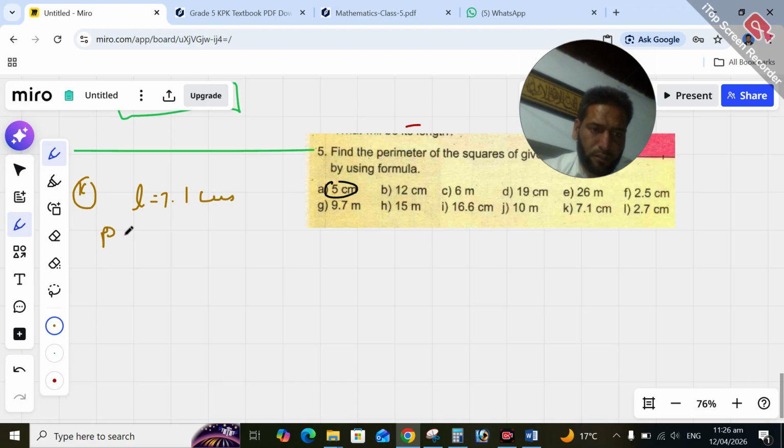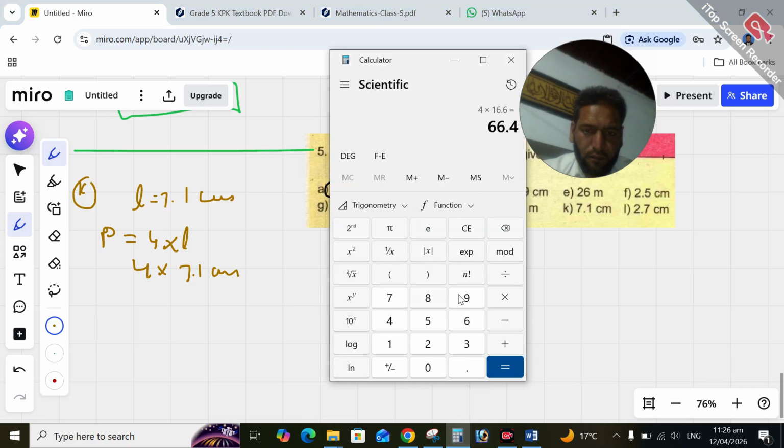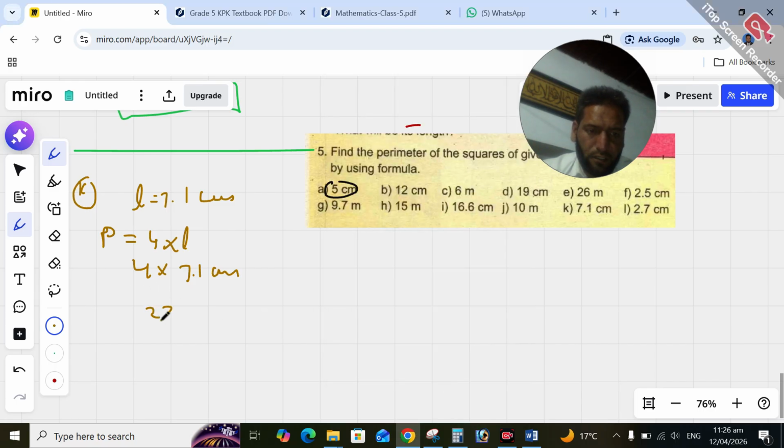Perimeter of the square is equal to 4 times the length of one side, 4 multiplied by 7.1 centimeter, and this is 4 multiplied by 7.1 is equal to 28.4 is the required perimeter of the square.